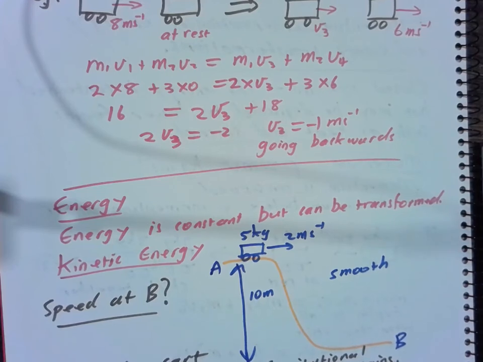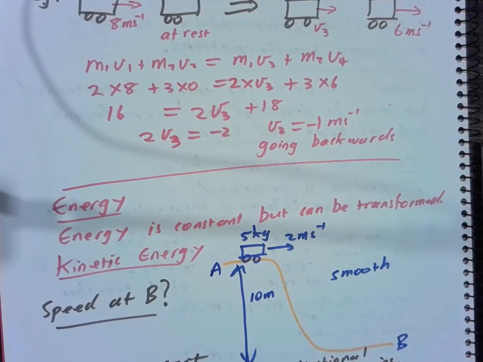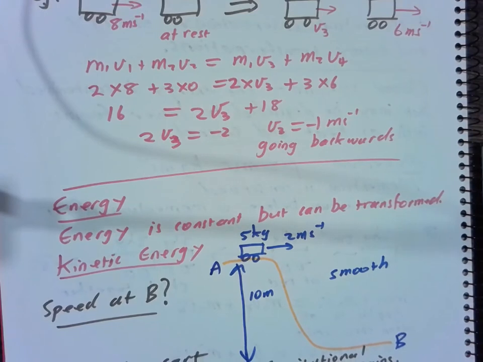So therefore, EK at B equals EK at A plus the energy that's gained. So a half mv squared at B equals a half mv squared at A plus mgh.